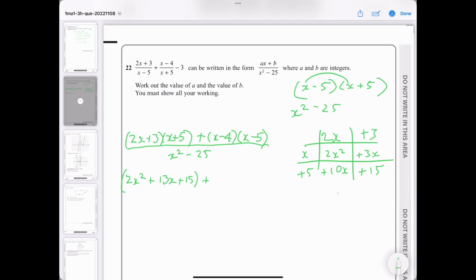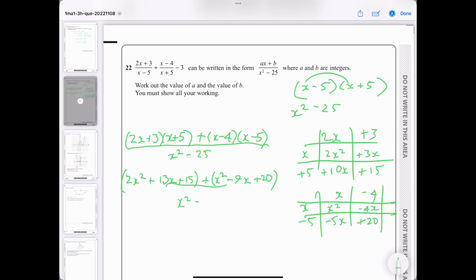And then plus x minus 4 times x minus 5, so that's x squared minus 4x minus 5x plus 20. So that is x squared minus 9x plus 20. And then I'll put that over there, and then that's minus 3 at the end.